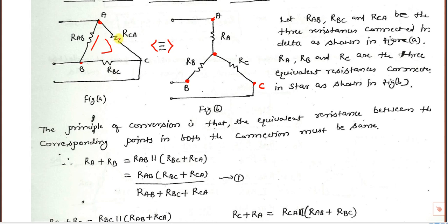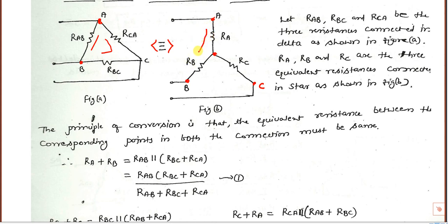Concentrating only on A and B, RAB is one resistance, and the other is through this path, where RCA plus RBC are in series. So it is RAB parallel with RBC plus RCA.